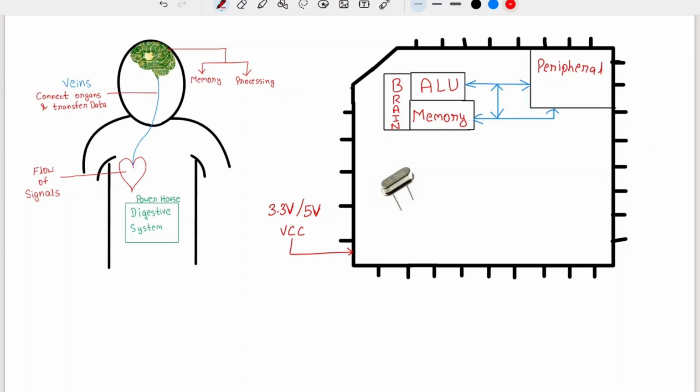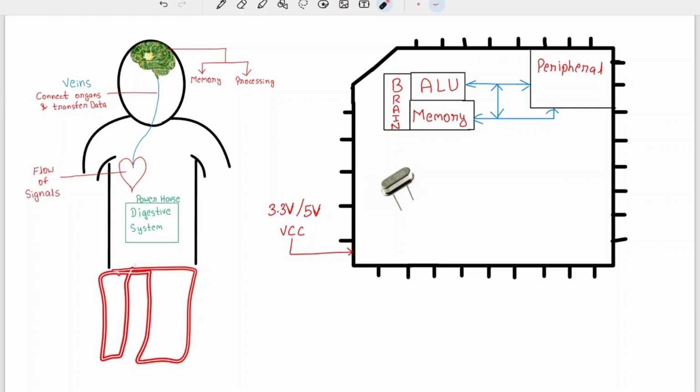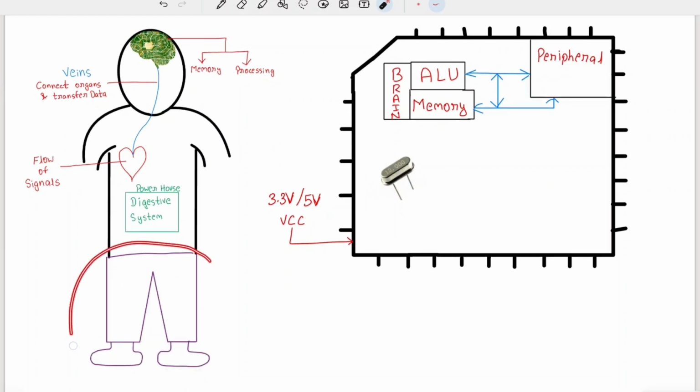But let's say the brain gave a command to walk 5 steps forward, then we do not have legs. Who can listen to the command? So, to receive and understand that command, it is very important to have legs. Here these legs are attached as a peripheral, and upon attaching, it will have to be stored in memory that the body has these 2 legs available now.